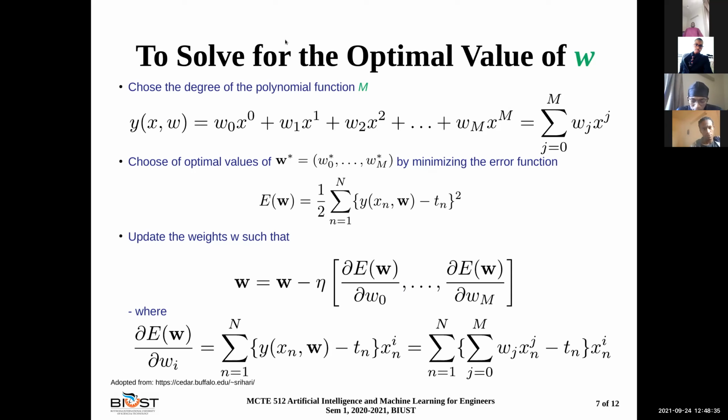What is the principle of taking the derivative, and then it will give us the optimal value? Why do you think that when we take the derivative, somehow it will give us the optimal value?